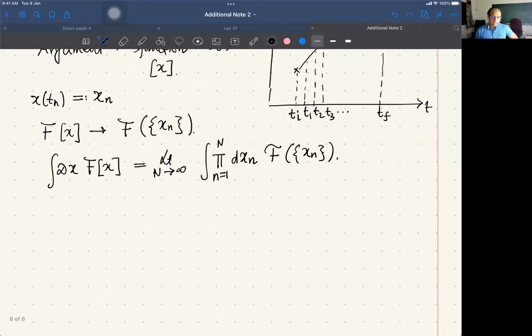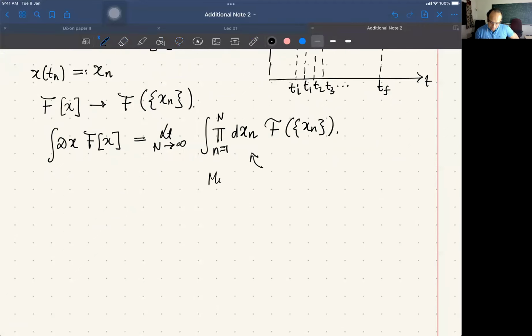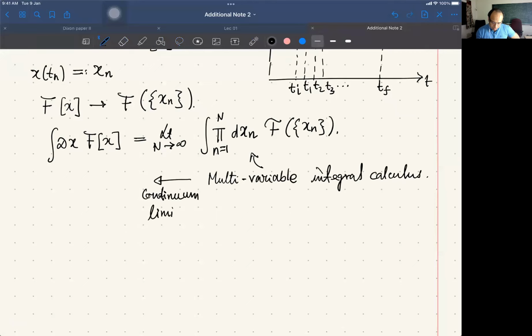So you can view this as multivariable integral calculus. And from that multivariable integral calculus, with a certain continuum limit, you arrive at functional integral calculus.